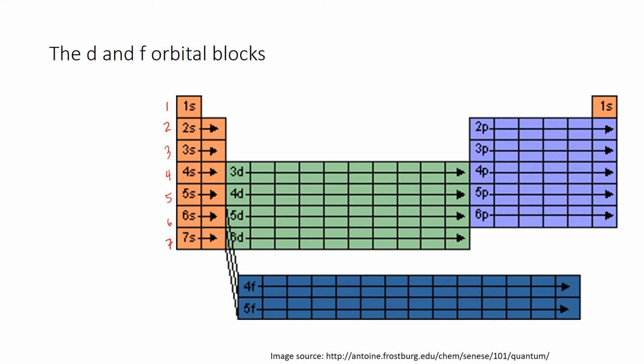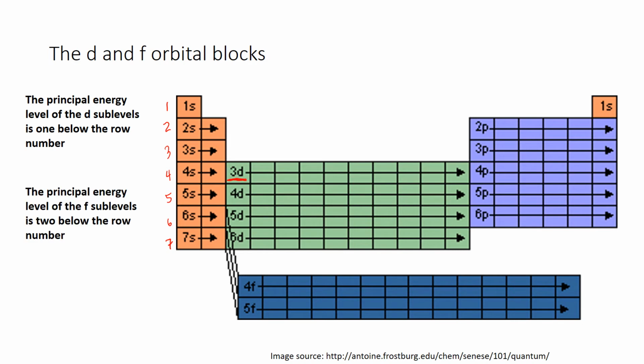But you'll notice that over here, when we enter into the transition metals, that d sublevel is actually from the principal energy level below the row number. And that's a consistent pattern for all of those d sublevel rows. It's just one to remember as you set up your organization and you look at a periodic table, that the d sublevels are always one row or principal energy level below whatever the row number is. And you'll see the same pattern for the f's.